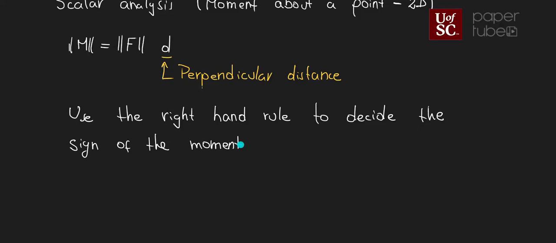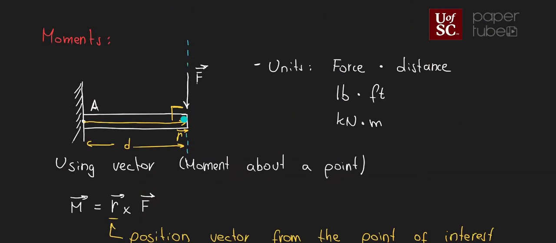How do I do that in the example above? If I think about A as a hinge, and think of this as a door being pushed with this force, that's going to make this door rotate in this direction. If I use my right-hand rule in this direction, it is going to be a negative moment. So for this particular example, it is going to be a negative moment.